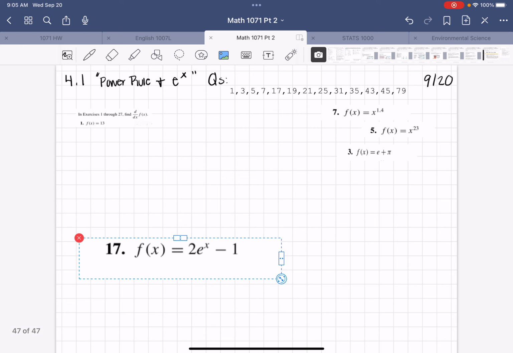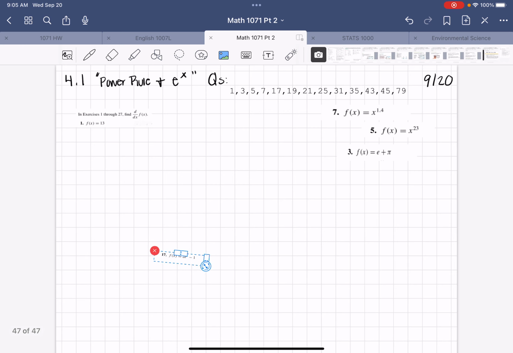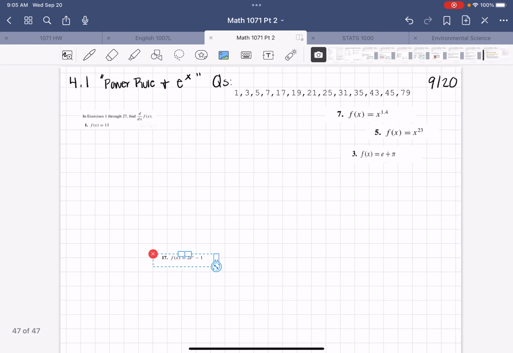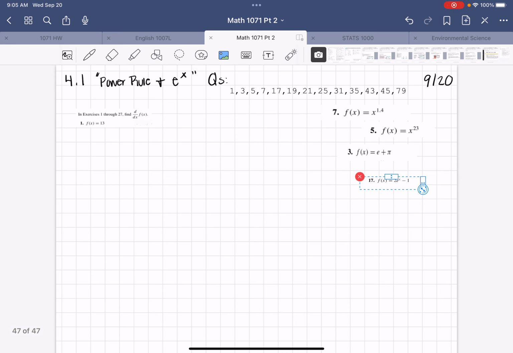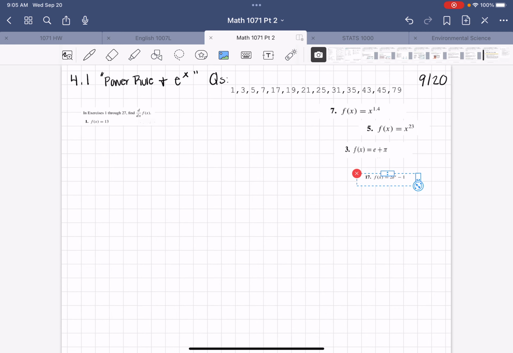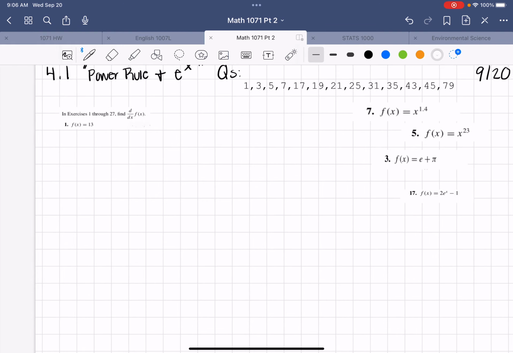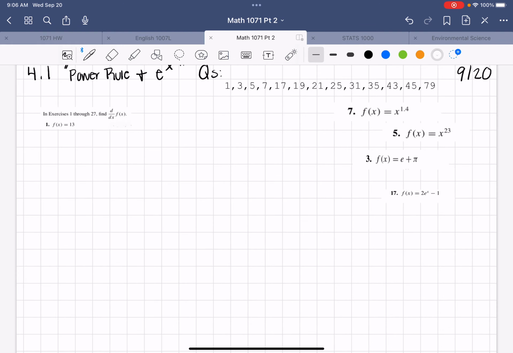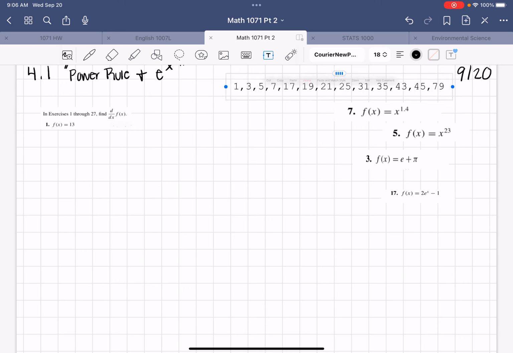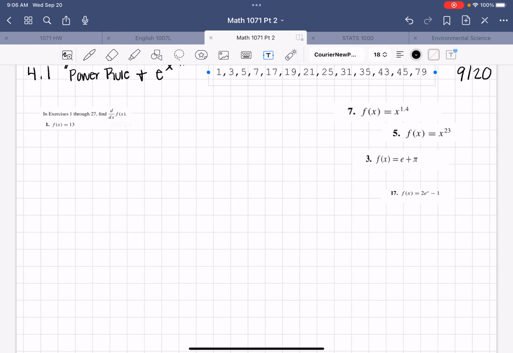Okay, so 4.1, we now reap the benefit of all of the rules that we have been inducting from the definition of the derivative. Yes, of course, you need to know that the derivative of x is defined to be the limit as h goes to 0 of f of x plus h minus f of x all over h.